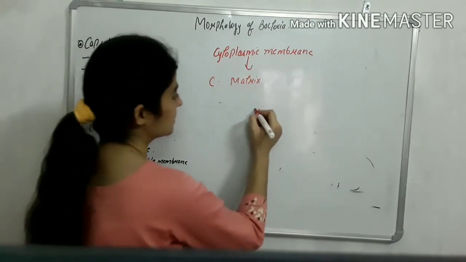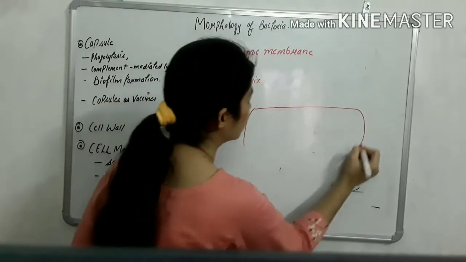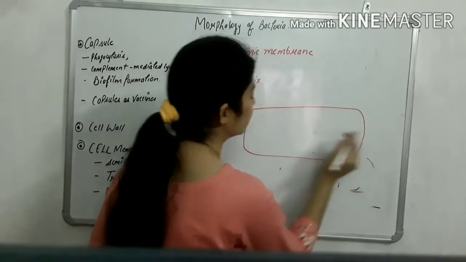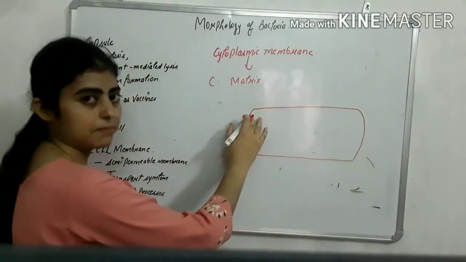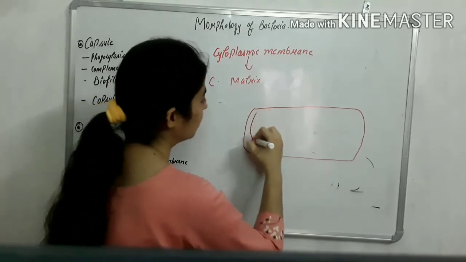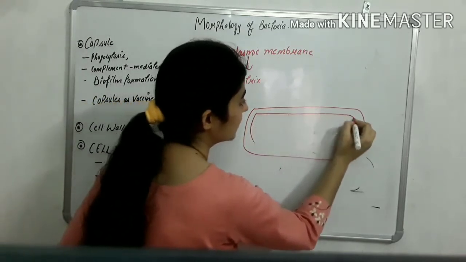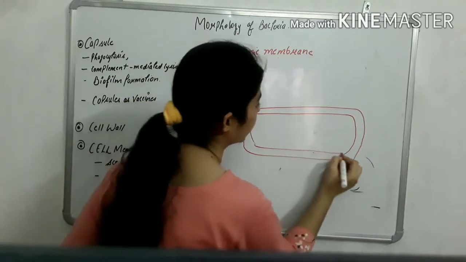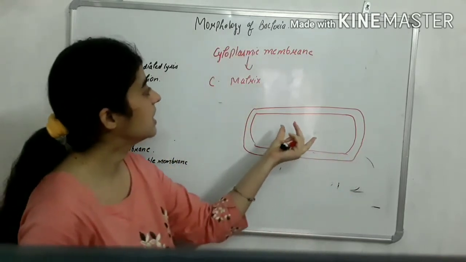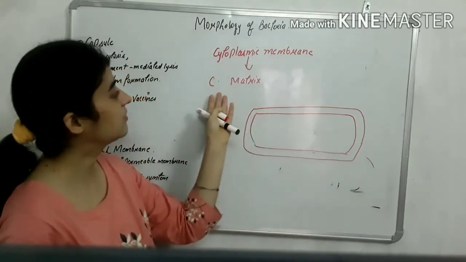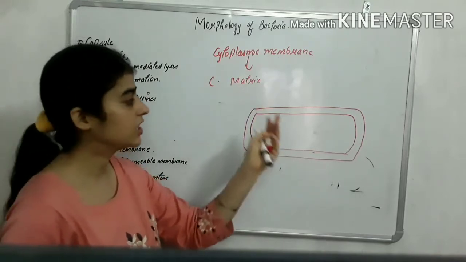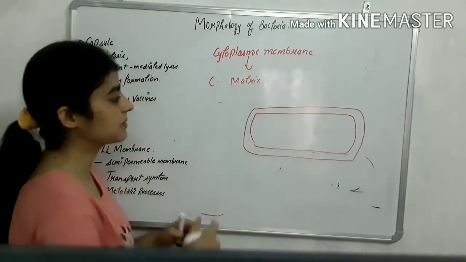For example, this is our bacterial cell. I'm not drawing it completely. This is our cell membrane. After the cell membrane, we have the cytoplasmic membrane. Now this cytoplasmic membrane will cover this cytoplasmic matrix.